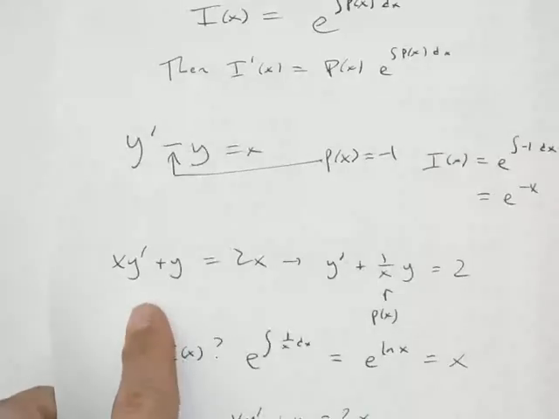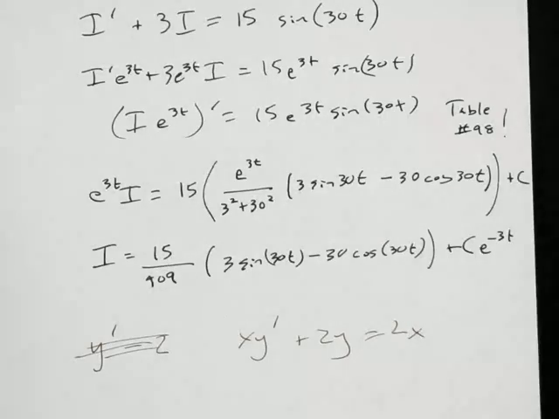Instead of doing xy prime plus y equals 2x, I'm going to do xy prime plus 2y. Huge change. Huge. What happens? Walk me through the integrating factor setup.